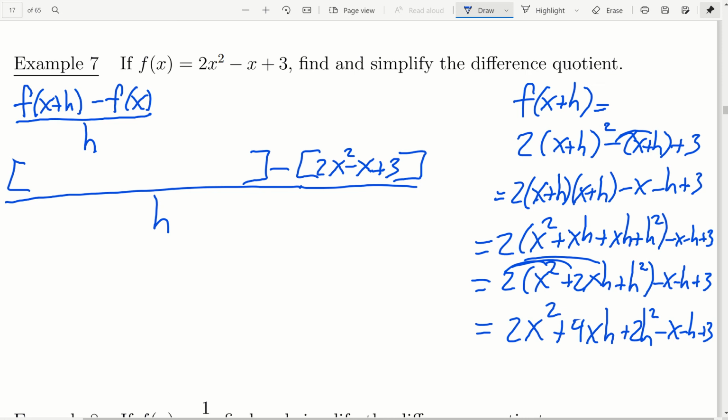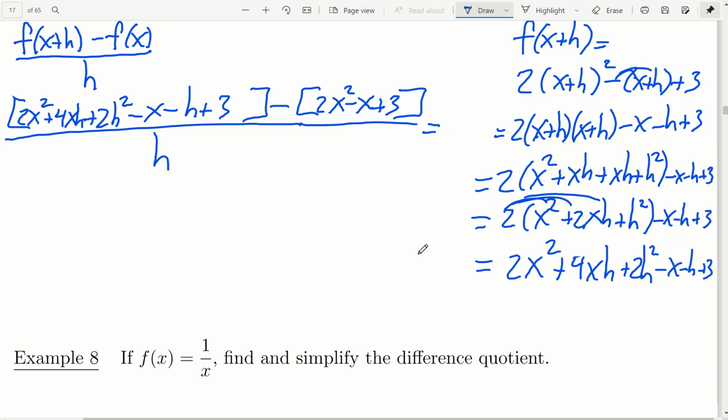And let's go ahead and plug it into our difference quotient. We have 2x squared plus 4xh plus 2h squared minus x minus h plus 3. We now want to simplify this thing.